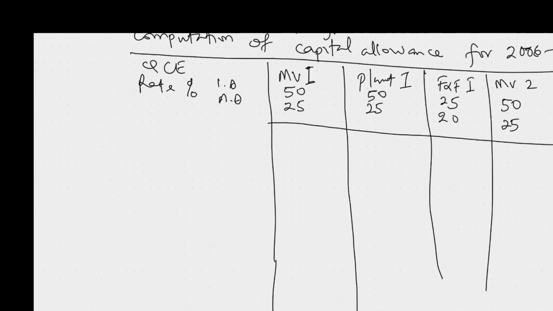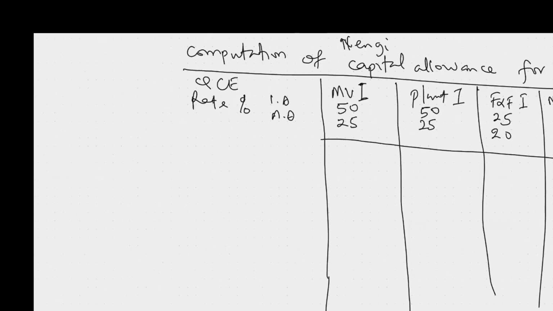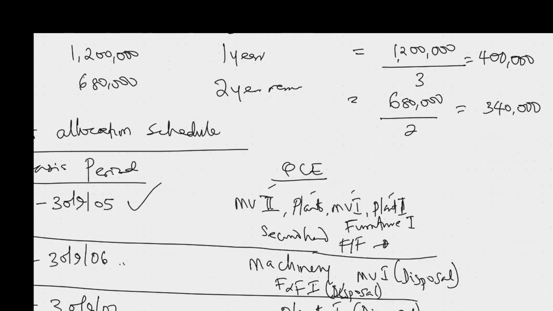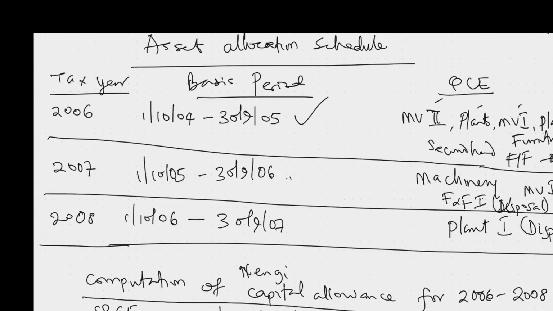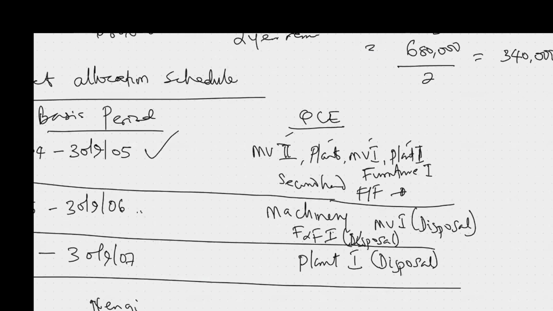Now, the first one, motor vehicle one, we have done the calculation here, 2 years more. So the tax written down value for those ones, did we acquire any asset this year? We did some acquisition. So we acquired motor vehicle one, plant one, furniture one. All those that we acquired this year, we have to bring them in.